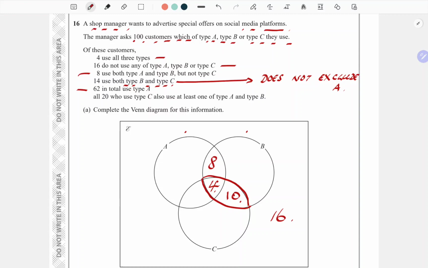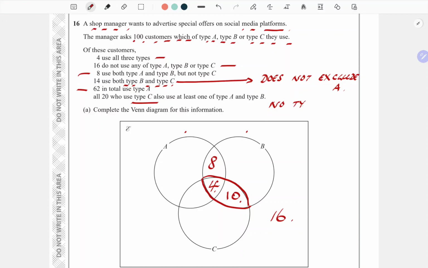Then we have 62 in total use type A, and that includes people using, for example, type B and type C. All right. What else we've got before I put that one in? All 20 who use type C, all right, also use at least one of type A and B. All right. So that means that there's nobody using type C only.